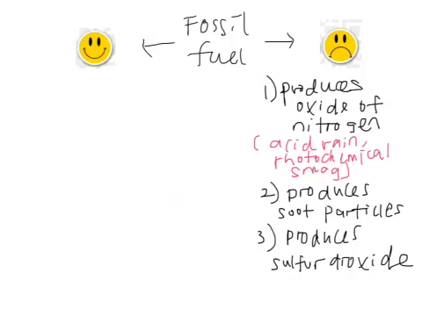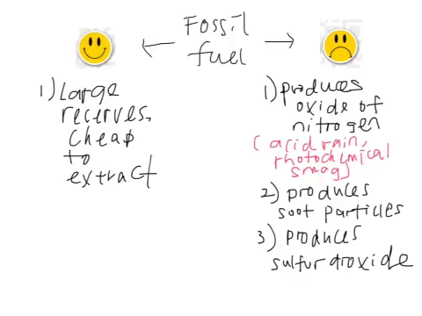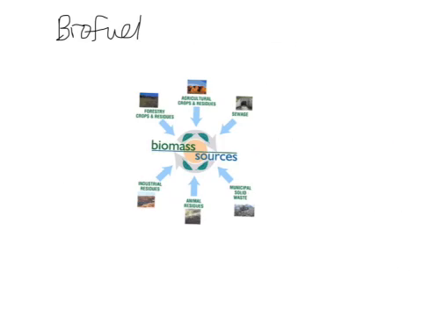It's mainly because there are large reserves of fossil fuels everywhere, and it is relatively cheap to extract them from the earth if you compare to the usage of other sources of fuels. So this is why until today we humans are still using fossil fuels.